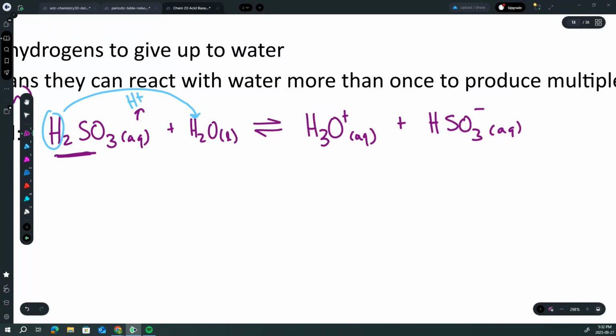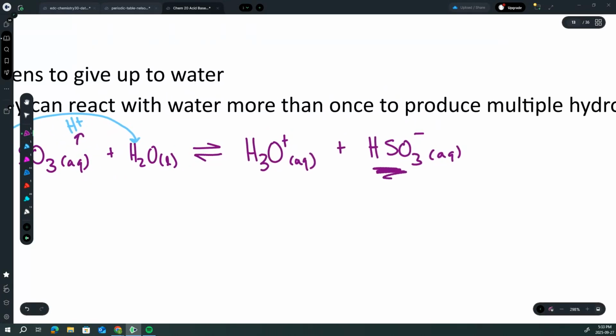However, since this is a diprotic acid, we're going to want to keep on reacting, in this case the anion. How you choose which ion to keep on reacting is, it's not going to be hydronium, because that's what gets produced when an acid reacts with water, and we want to keep on reacting the acid with water to show what happens.